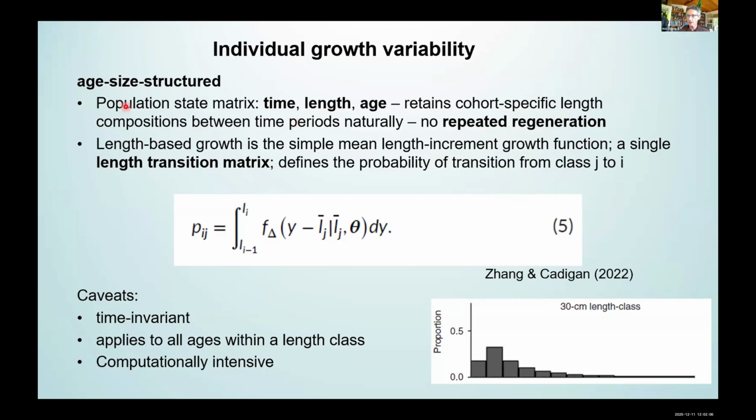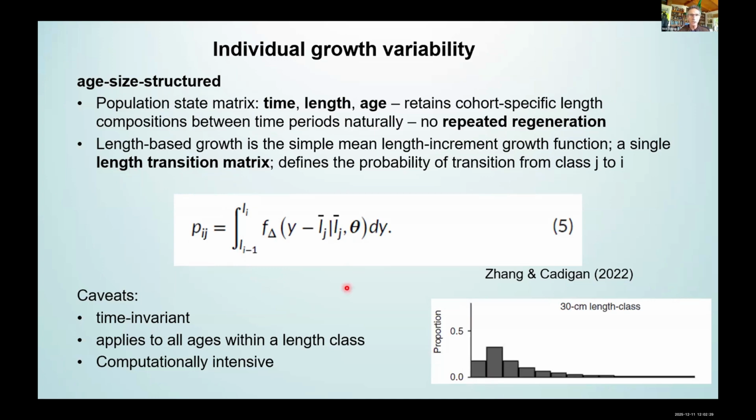And so for the size-structured and the age-size-structured models, you have this length transition matrix, which is discretized over the size class intervals for your model to give you the probability of a fish of a particular length advancing to a new length. It might look something like this, which is what we estimated.